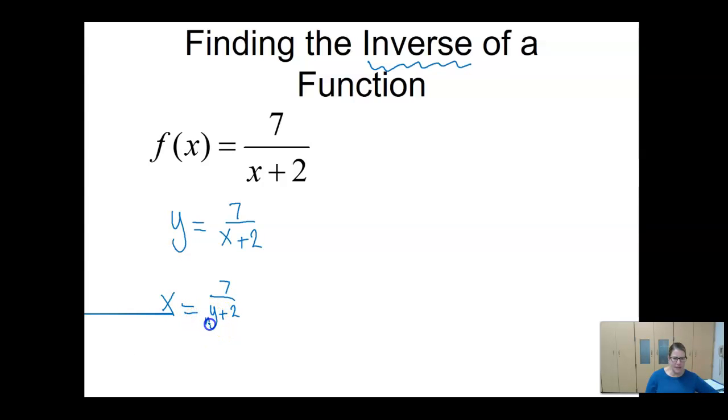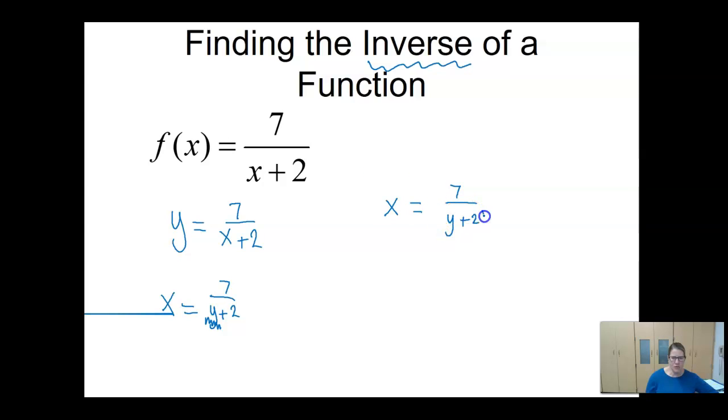But now I need to get this y all by itself on one side in order to have the inverse function. So what I need to do here, and this one is a little bit of a trickier example, is solve for y, and since y is down here in the denominator, I need to think about how to get y off of the bottom of the fraction.